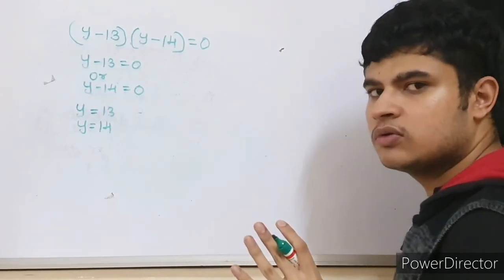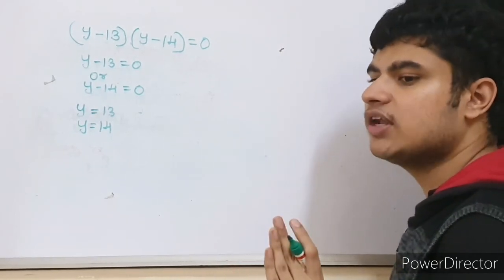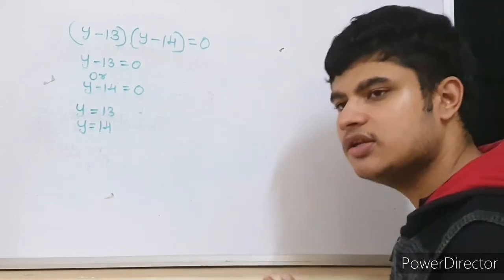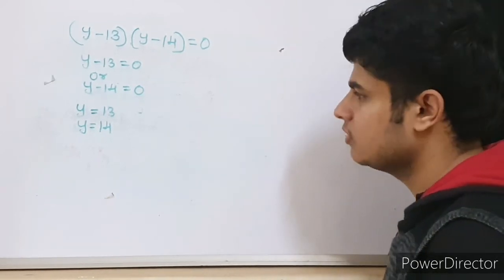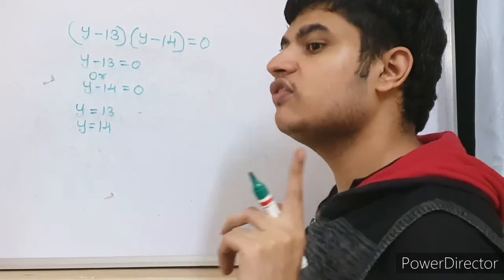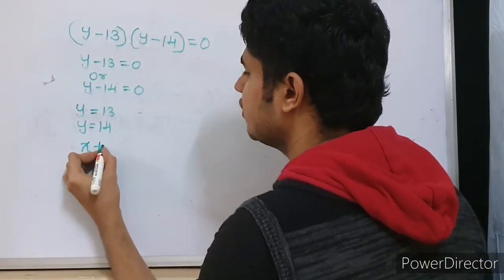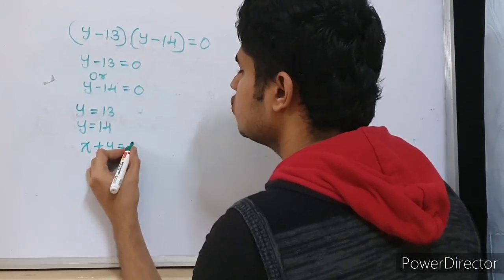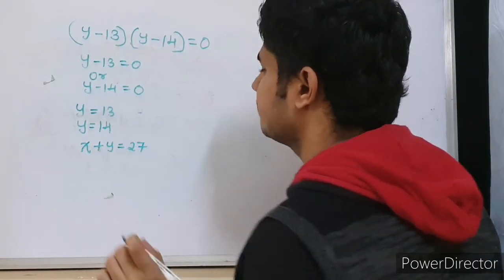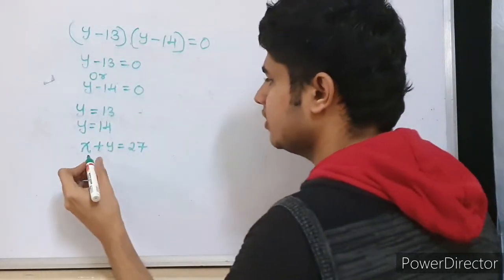These are the two conditions that we get. So now we know that one of the numbers is either 13 or 14. So let me go back to the first equation that I formulated: x plus y is equal to 27. Now y I have got as 13.